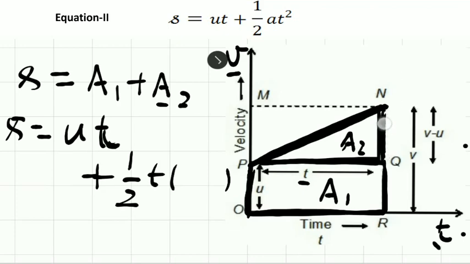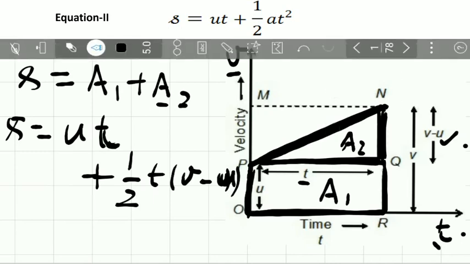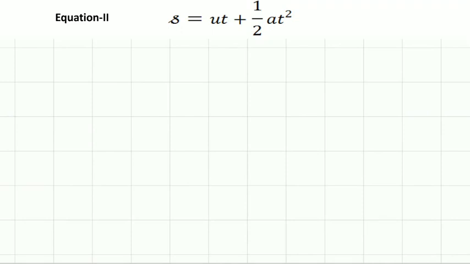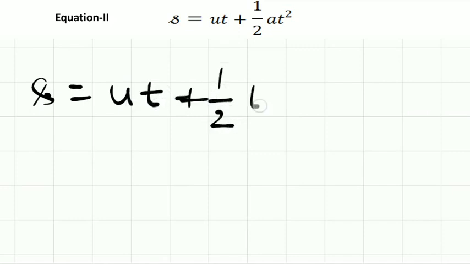This is the height, and the value of this height is v minus u. The value of height is v minus u. Now calculate this s. S is equal to ut plus half t into v minus u.